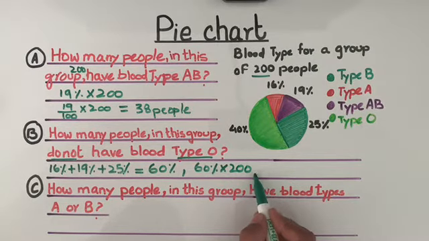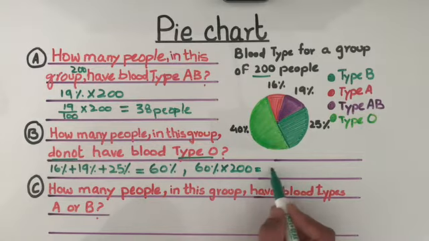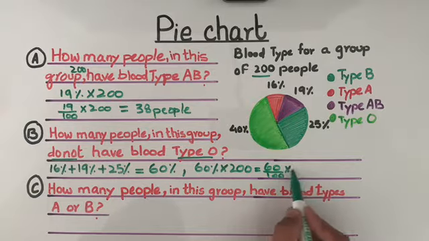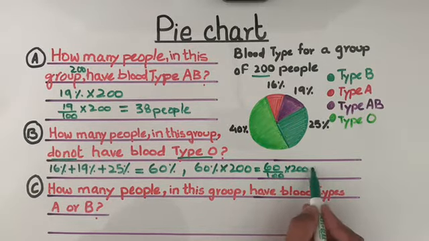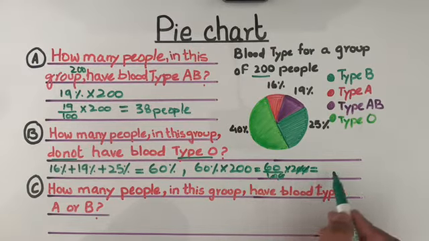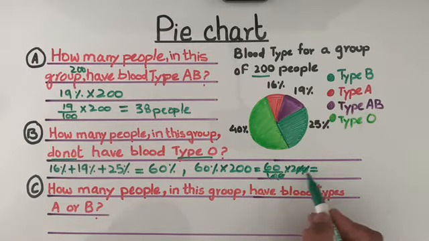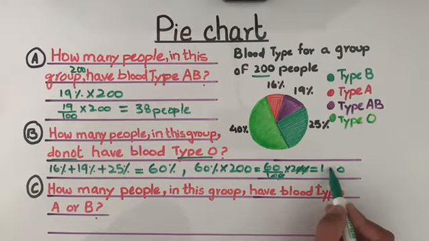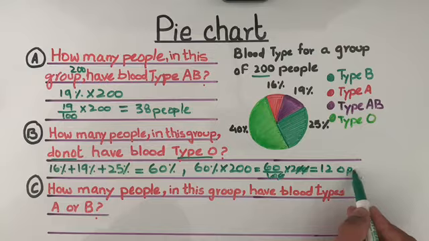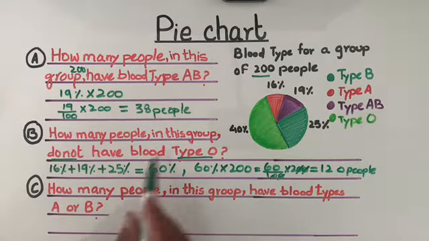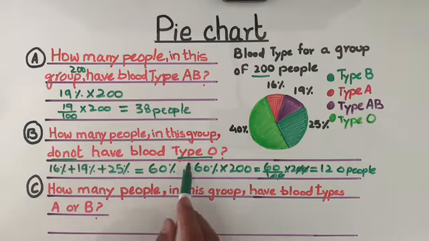And when I'll solve it, my answer will be 60 divided by 100 times 200, and after crossing these zeros from denominator and numerator, 60 times 2, 120 people. 120 people out of 200 people do not have blood type O.